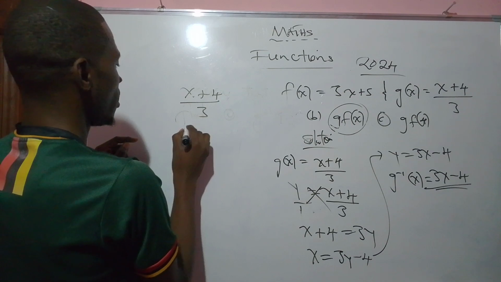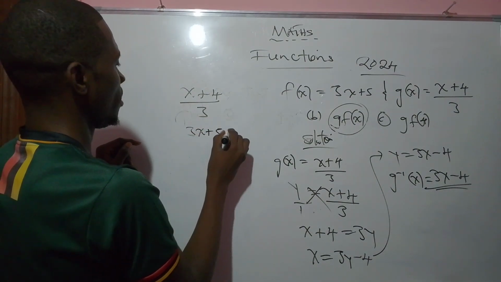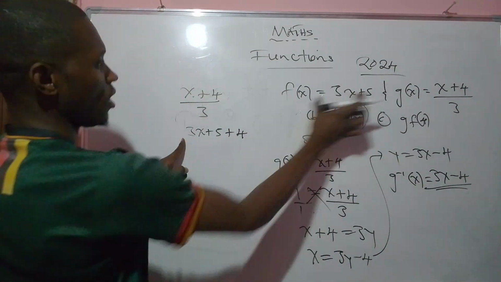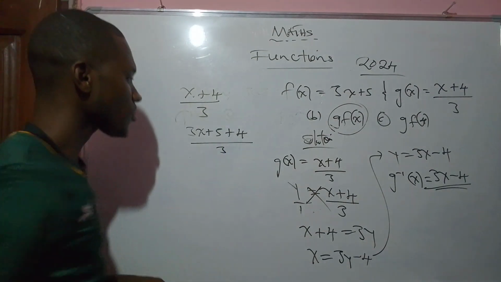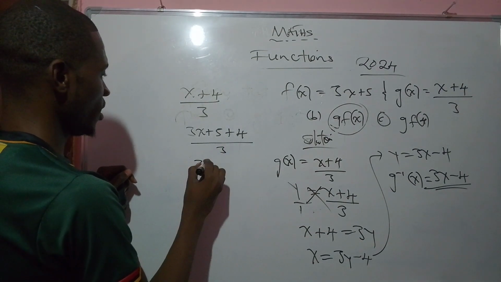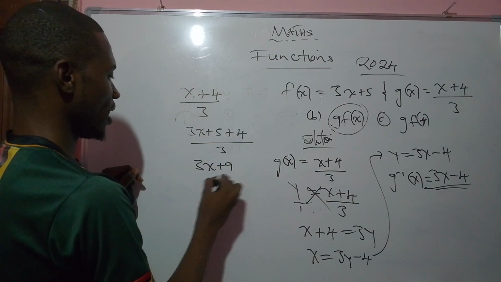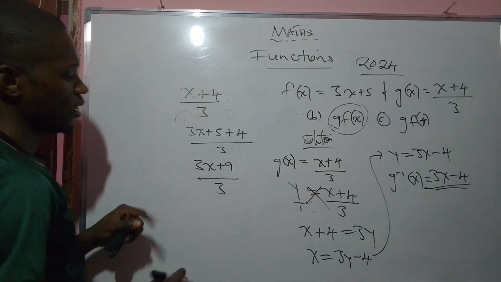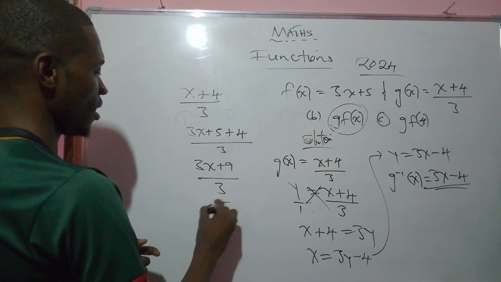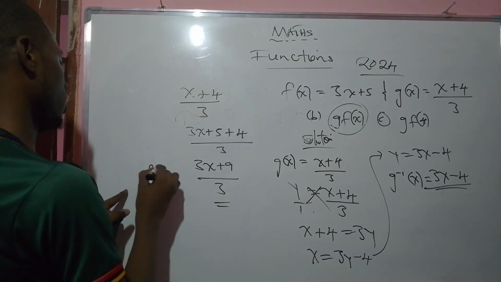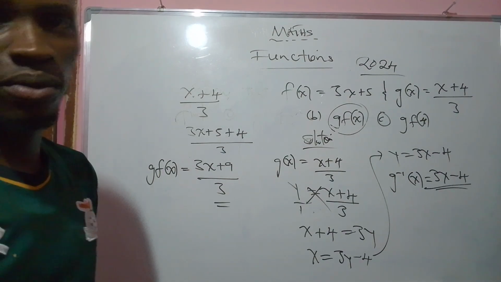So we'll say (3x plus 5 plus 4), then over this 3 here. Then we can work out. We can say 3x, then positive 5 plus 4 is 9, over 3. We can't add these two on top because these are unlike terms. Therefore, here is our final answer for gf of x. That is how we do that calculation.